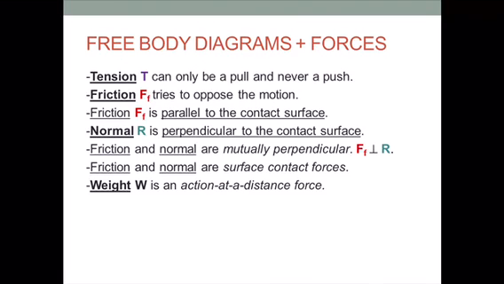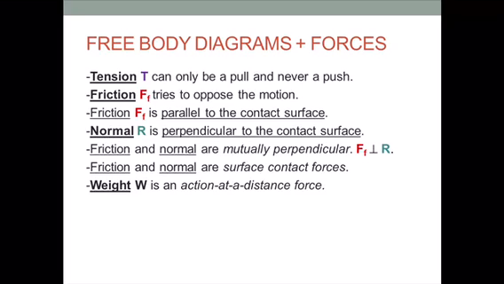The normal force, which is denoted by R or sometimes N, is perpendicular to the contact surface, which we discussed in the previous slide. Friction and normal forces are mutually perpendicular, meaning they are always perpendicular to each other. And friction and normal are also what's called surface contact forces.